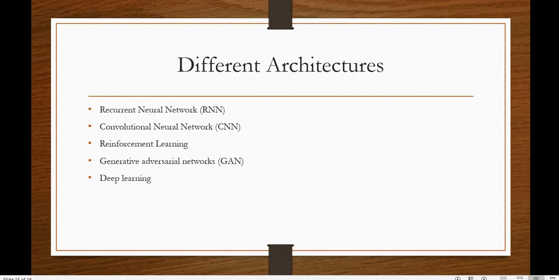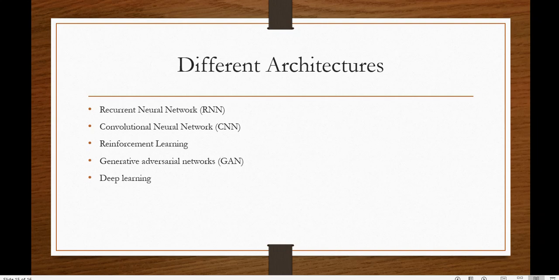Based on that, we have different architectures with different names. Starting with recurrent neural network or RNN, then we have convolutional neural network, reinforcement learning, generative adversarial networks, and deep learning. These are some of the representations of artificial neural network.